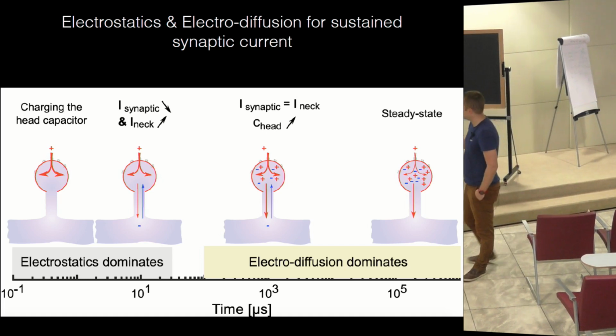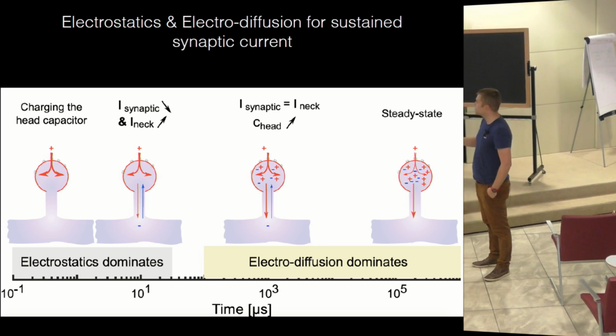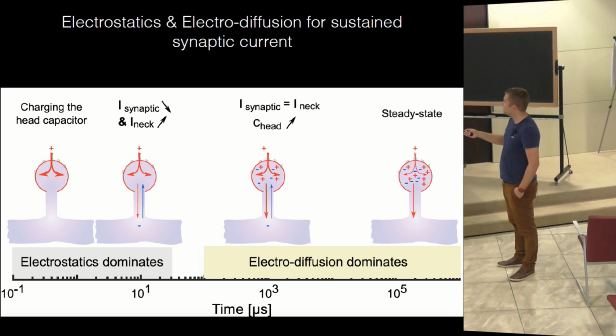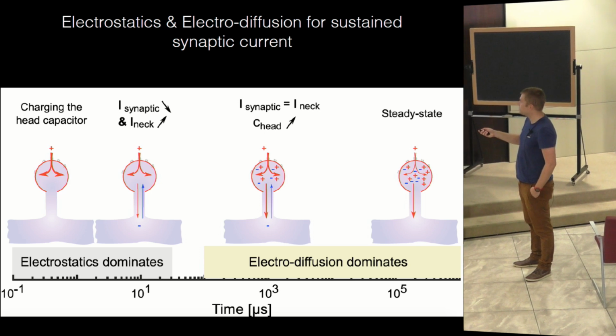and so now we enter into the electrodiffusion, because you have a synaptic current and a current that very fast are going to equilibrate. And what happens is that the concentration is going to increase. Why? Because here the currents are the same, but here the current is only made of positive charge.